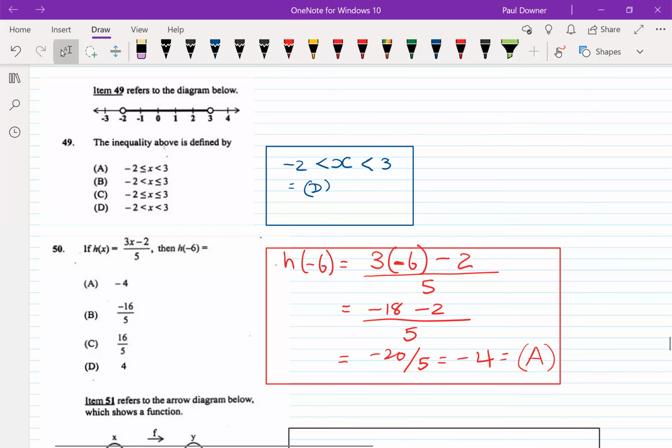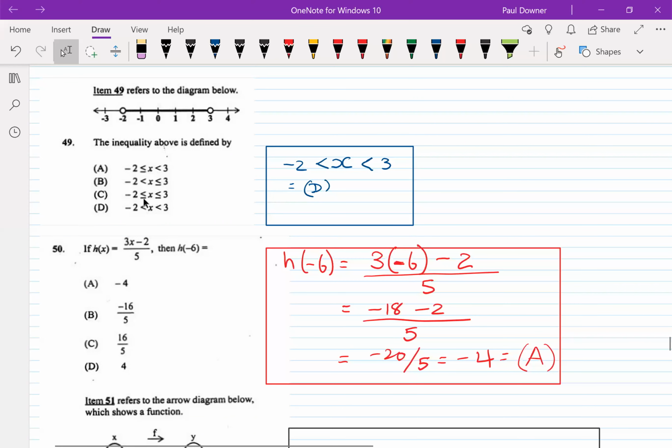What you see in here, very importantly, is that this is not shaded here and it's not shaded here. So it means what we are looking for is not going to be equal to -2, nor is it going to be equal to 3. Where you see these equalities, they cannot exist because it's not shaded in. It cannot be this one and it cannot be this one, because that would be including 3 and including -2, which is not the case because they are not shaded.